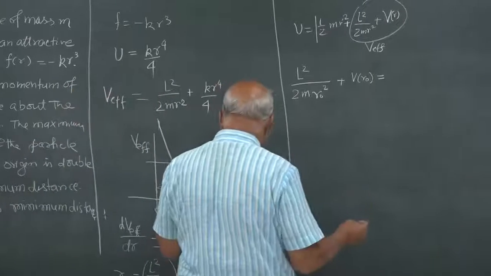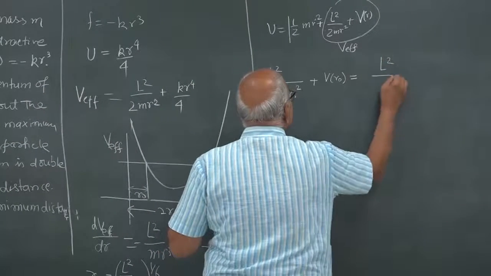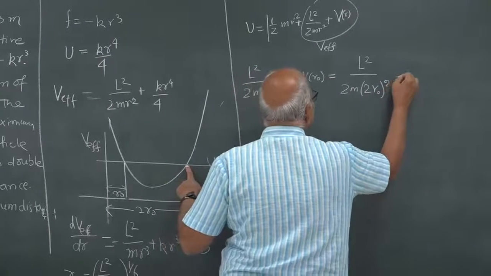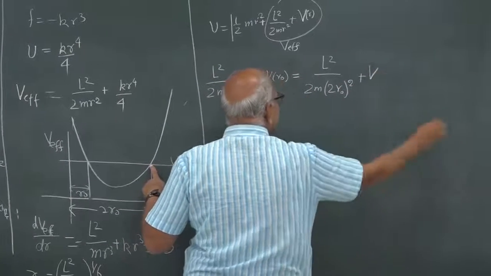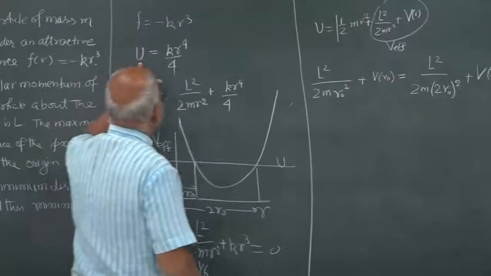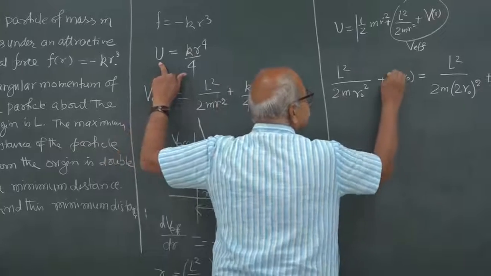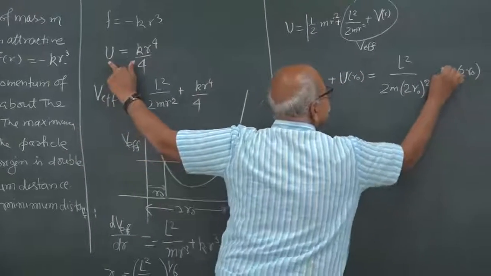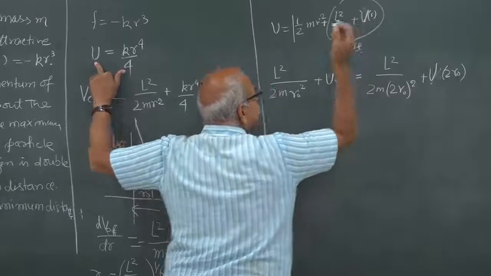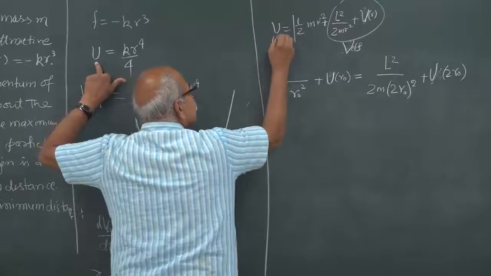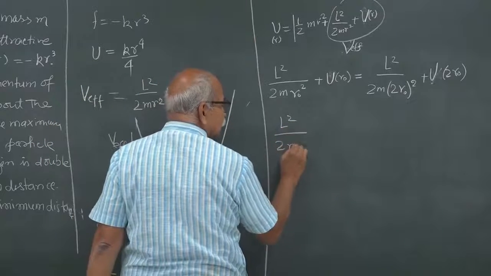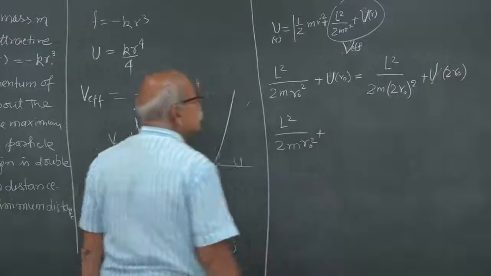So, the effective potential energy at this point is L square divided by 2 m r naught square plus u at r naught, and the effective potential energy at 2 r naught is L square divided by 2 m (2 r naught) square plus u at 2 r naught. I should have written u here, and V effective is fine. So, this is u at r.